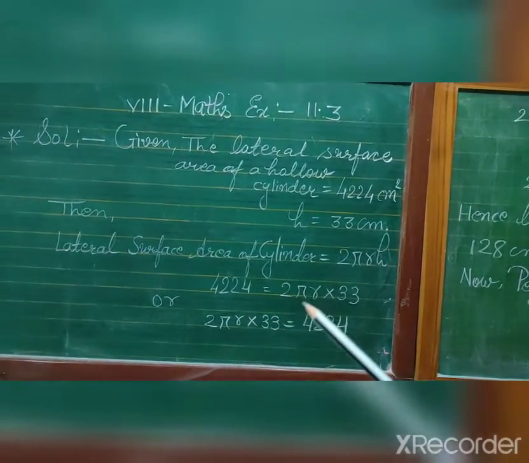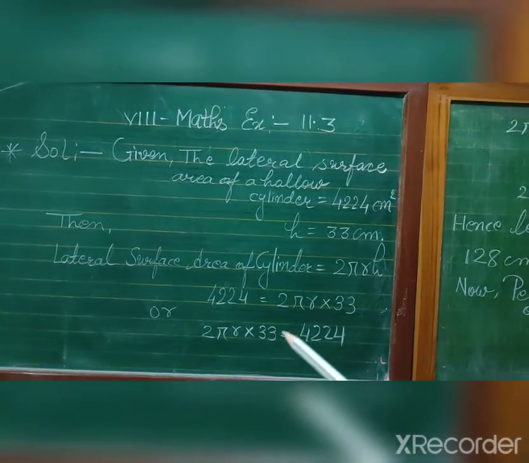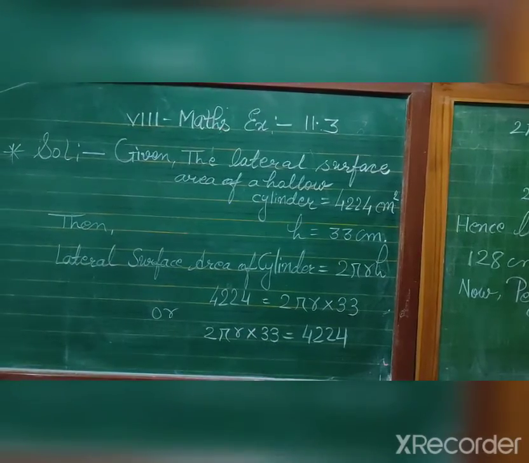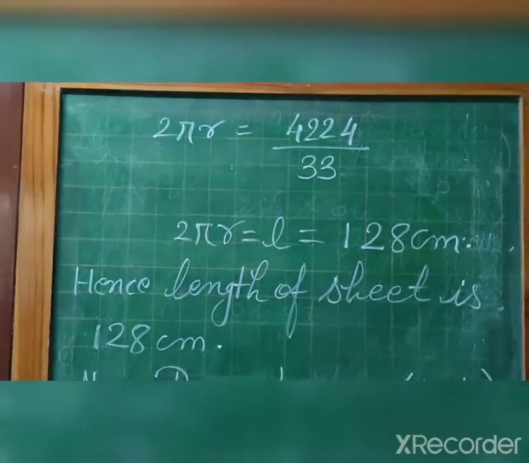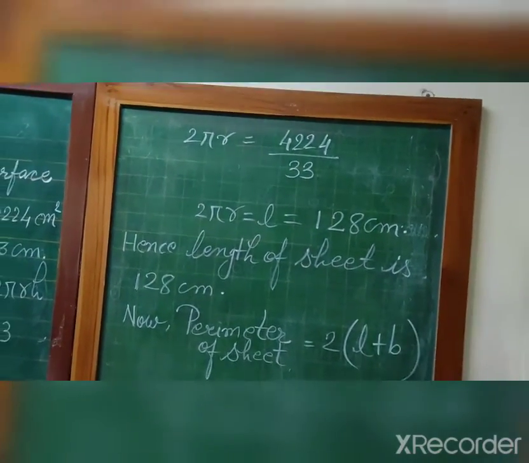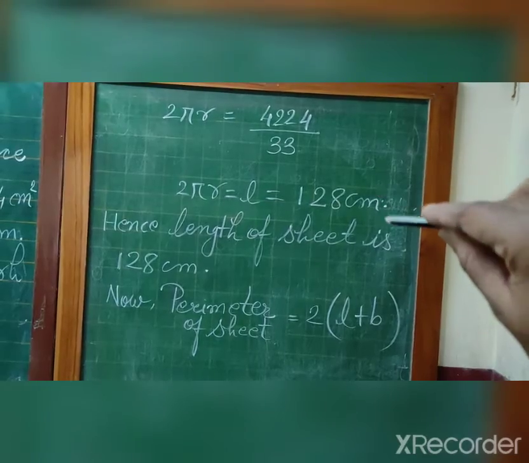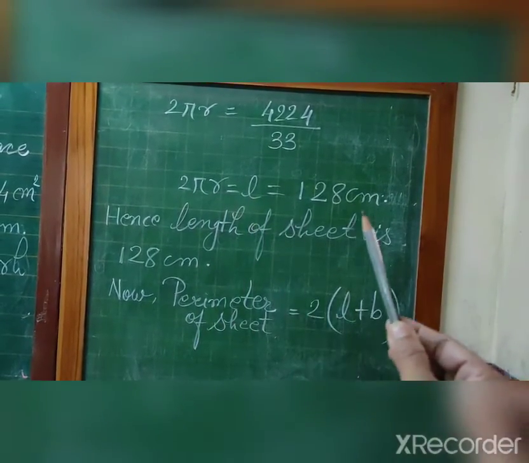So 4224 is equal to 2 pi r into 33, because 2 pi r is the length of rectangular sheet. So 2 pi r is equal to 4224 upon 33. When you will solve this, you will get 128 centimeter. So 2 pi r is equal to L is equal to 128 centimeter.